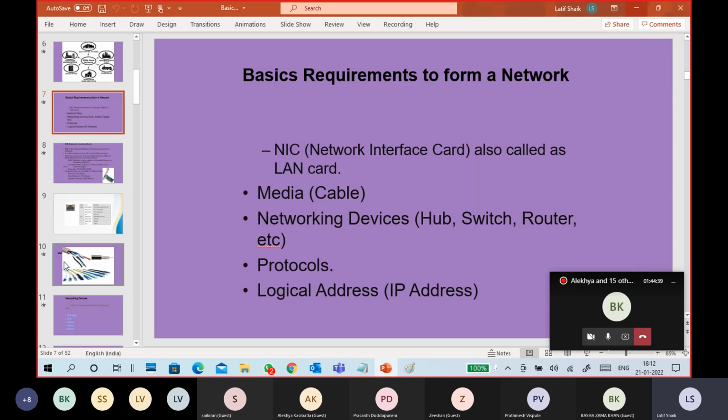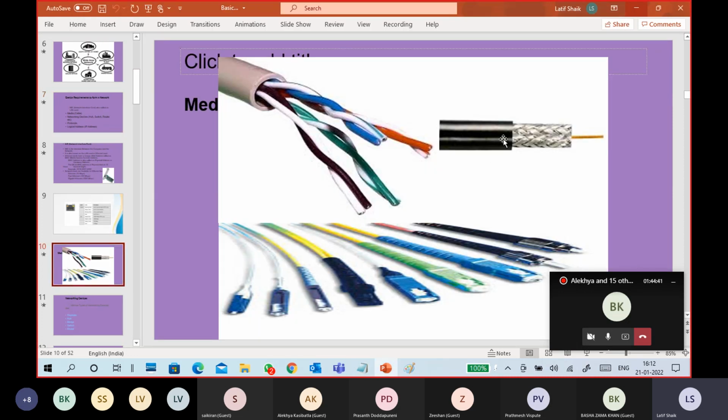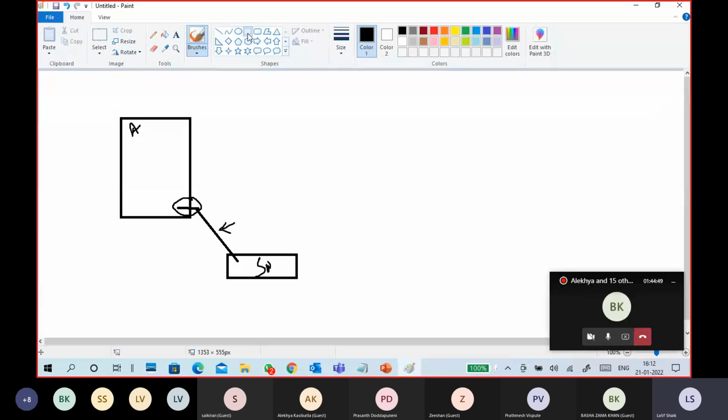If you see this picture, you can see the center one is the main copper cable, surrounded by plastic. It is a shielding for this main copper cable.